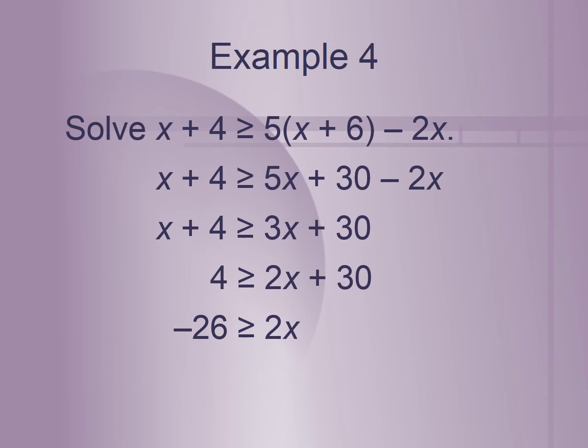So now we've got 4 is greater than 2x plus 30. Then we'll subtract 30 from both sides. So now we have negative 26 is greater than 2x. Then we'll divide both sides by 2. So now we have negative 13 is greater or equal to x. And we're going to go ahead and flip that around. So now we have x is less than or equal to negative 13.